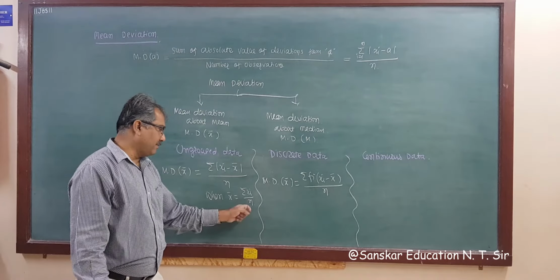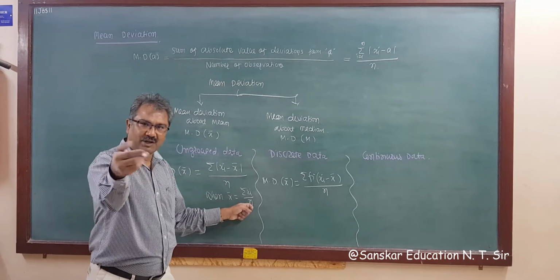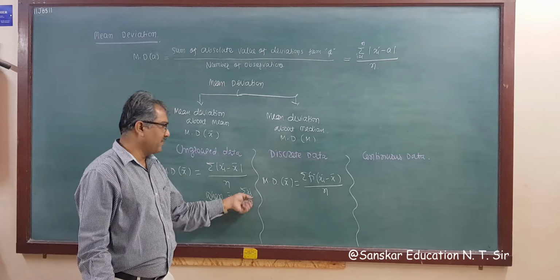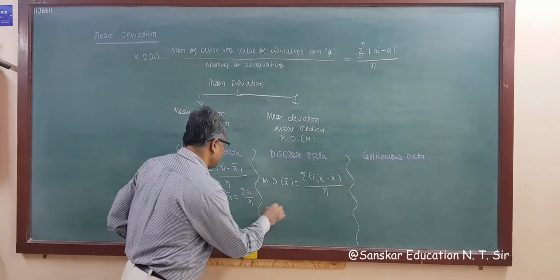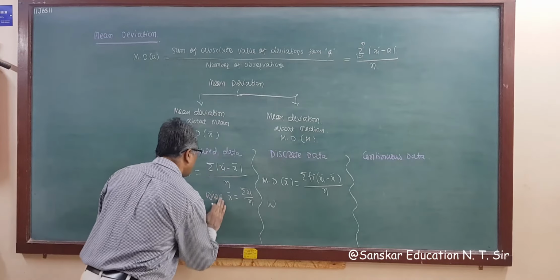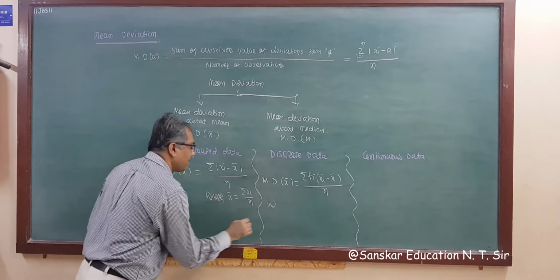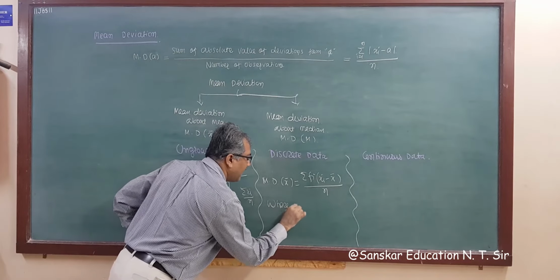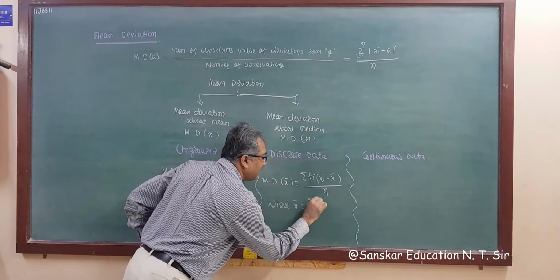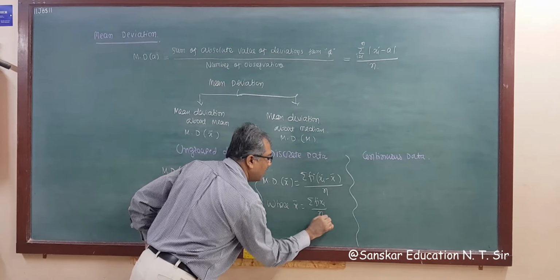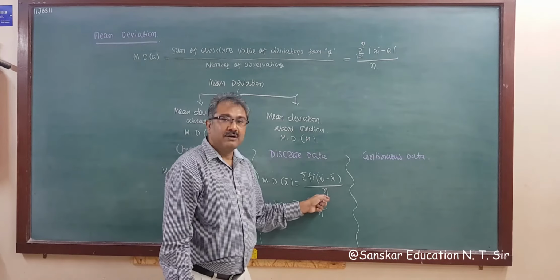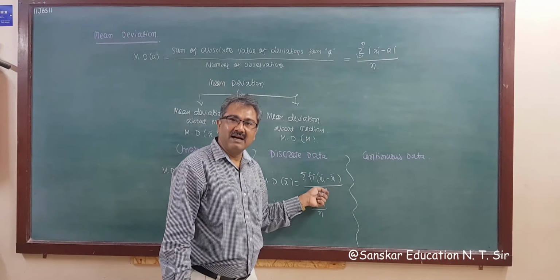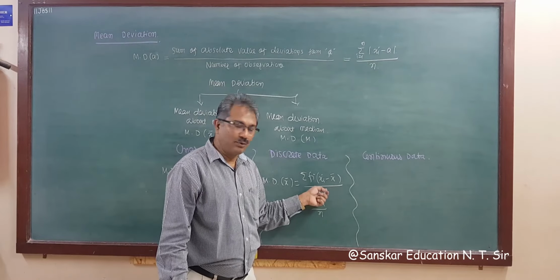You can write n small or capital, no problem at all. Here x bar is equal to sigma fi xi upon n, and n is the total frequency, that is sigma fi.